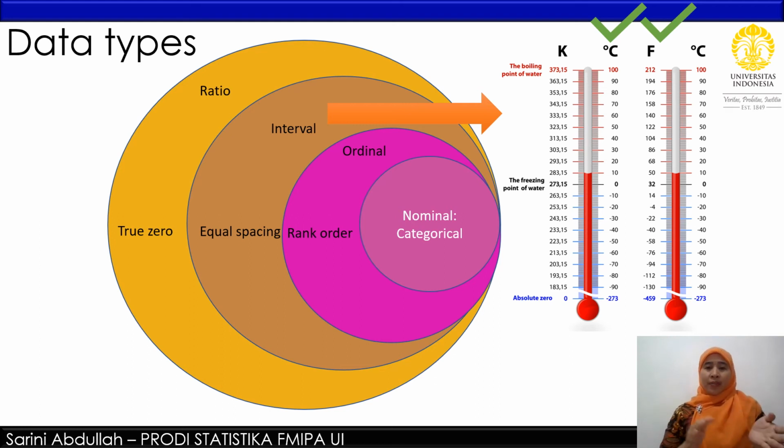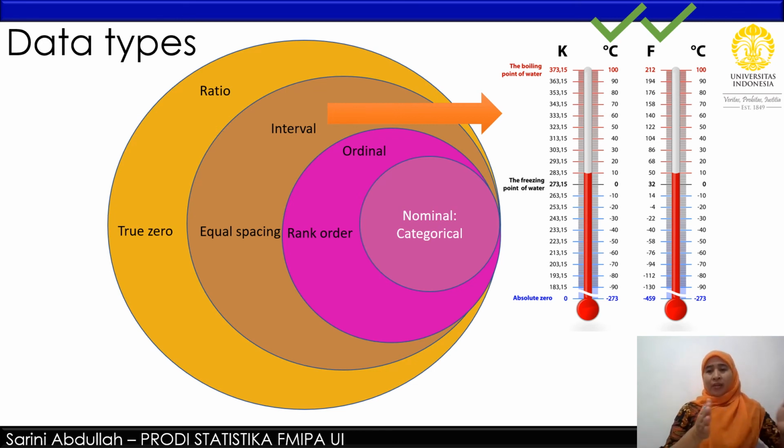While in the previous example of the ordinal scale, let's say from very unsatisfied to very satisfied, in a range where we give a score of 1 to 100, let's say for very unsatisfied the score is between 1 and 60, while very satisfied is from 95 to 100.